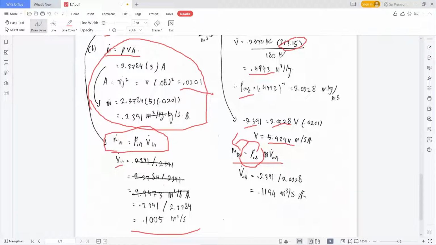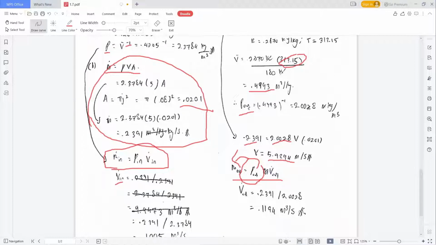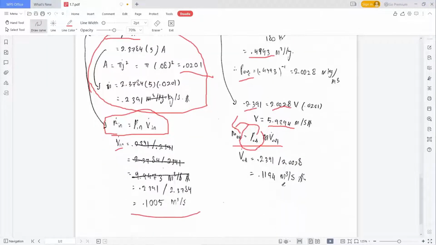So the mass flow rate at the outlet, 0.2391, divided by the density of the air at the outlet, 2.0028 kg per meter cube. So we get a volume flow rate of approximately 0.1194 meter cube per second.